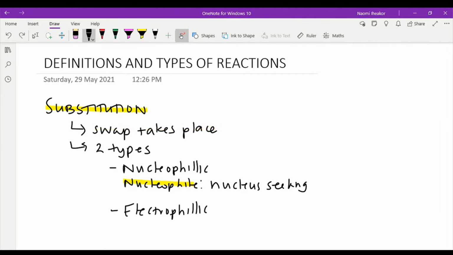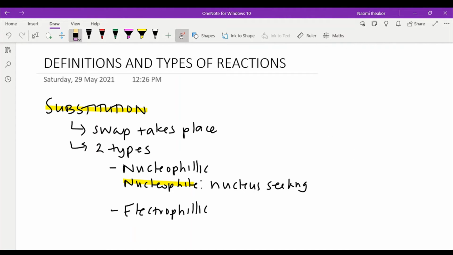So for example, if we take methane once again, this is what methane looks like. In a nucleophilic substitution reaction, we might swap this H for an OH, because we know that OH is a nucleophile, and so that would be a nucleophilic substitution reaction.